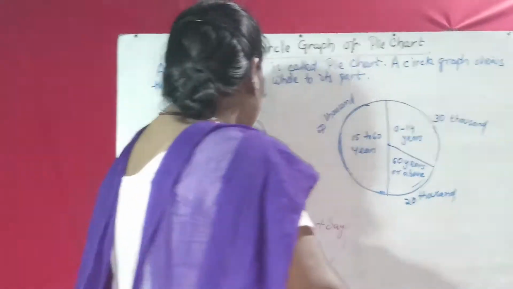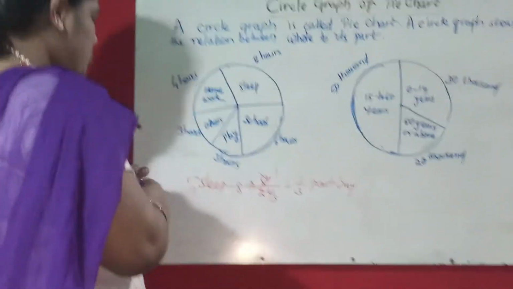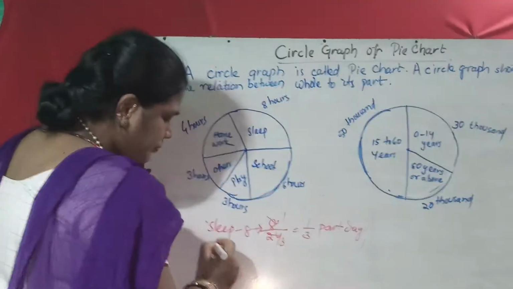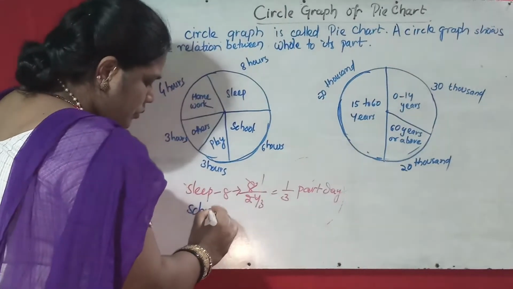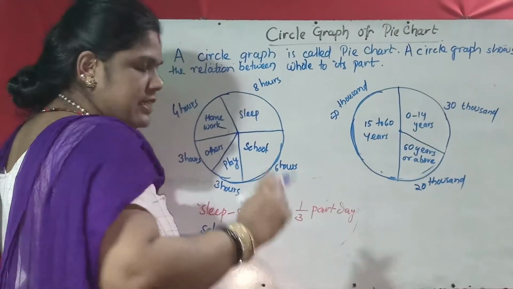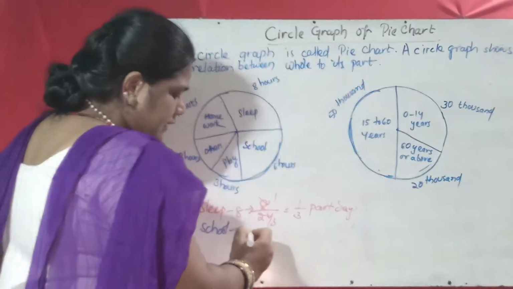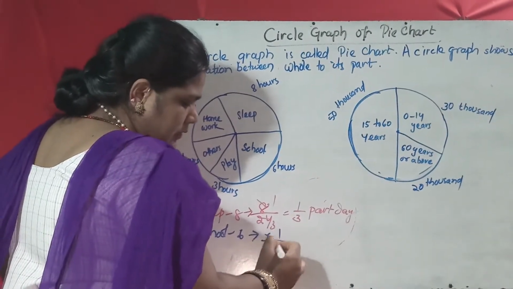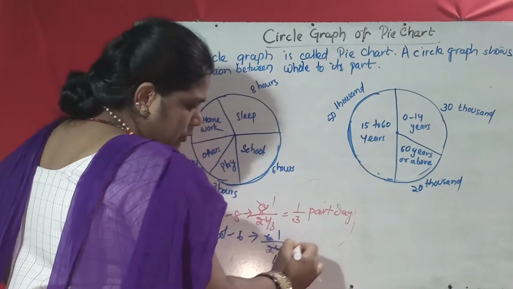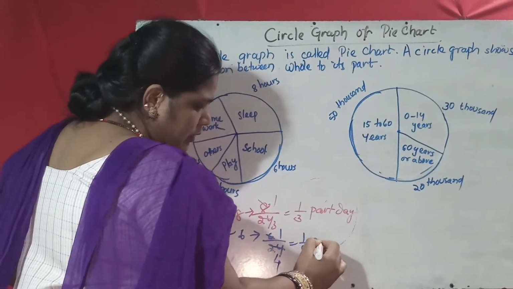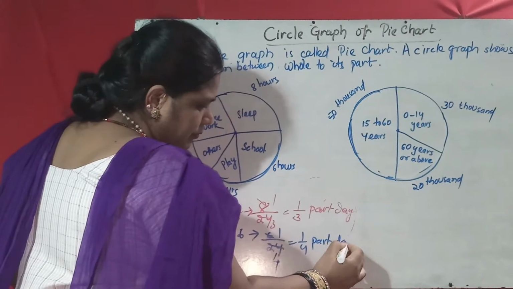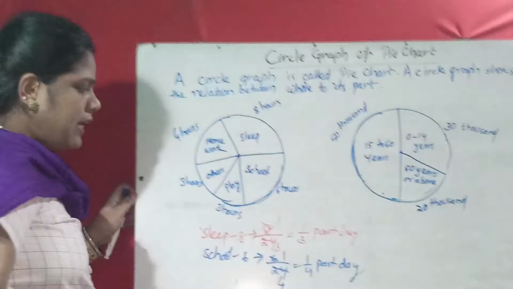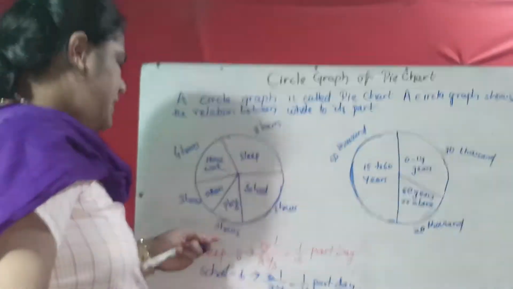If you take school hours, in school he is spending 6 hours. That means 6 by 24. 6 times 1 is 6, 6 times 4 is 24. That is 1 by 4th part of the day. Okay. Play means 3 hours.